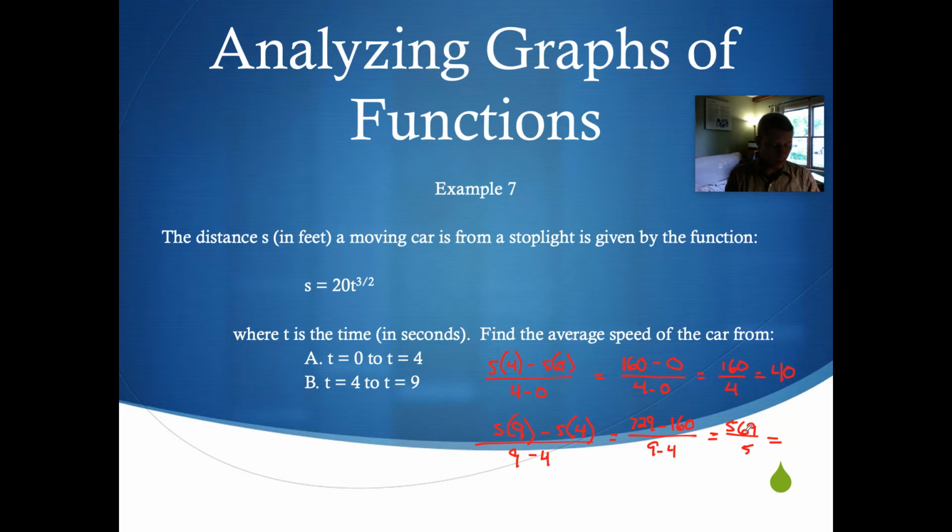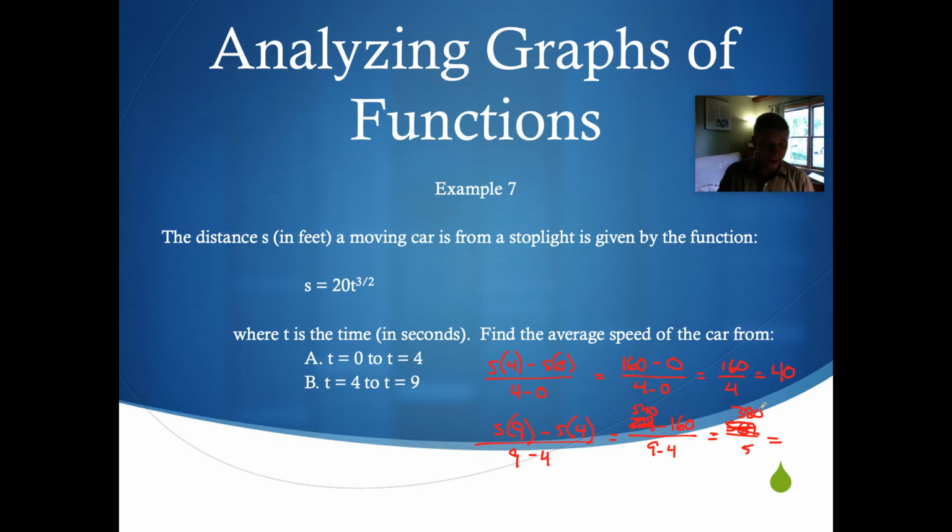Take the square root of that, and I get 27 times 20 is 540. Sorry about that. So this is 540. And 540 minus 160 is going to be 380. All right, so this is 380.